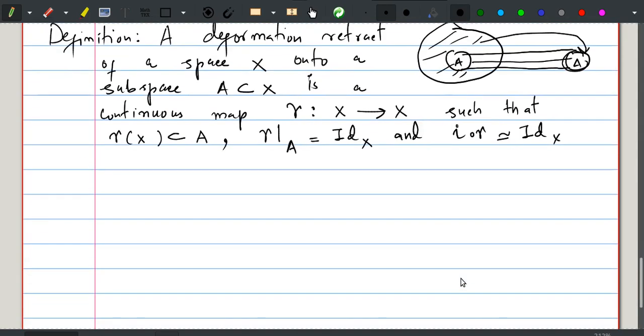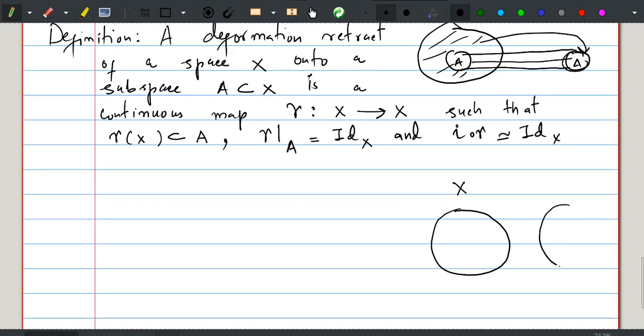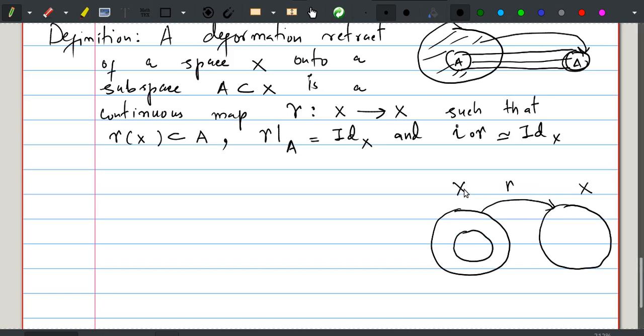So if we have the space X here, we have this map R, which takes this entire space X onto this subset over here.